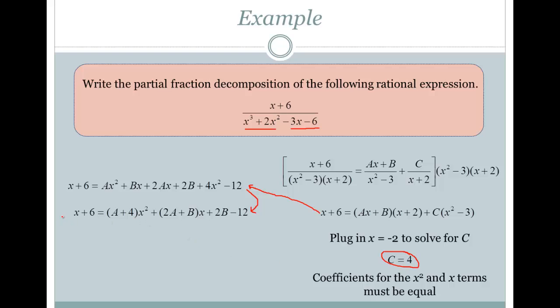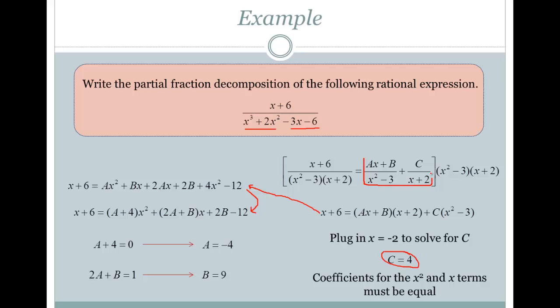Now I should note there's no x squared term here, so a plus 4 must be equal to 0. So a is equal to negative 4. And I should note that 2a plus b has to equal 1, the coefficient of the x term. And I know that a is equal to negative 4, so b is going to be equal to 9. Now I can plug back in.